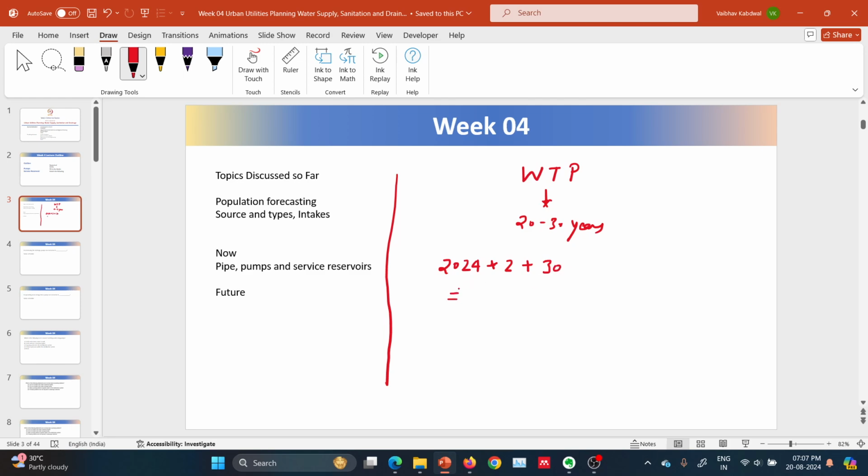So we need to design it for 2056, because this water treatment plant should cater to the requirement till 2056. For that we need population forecasting.